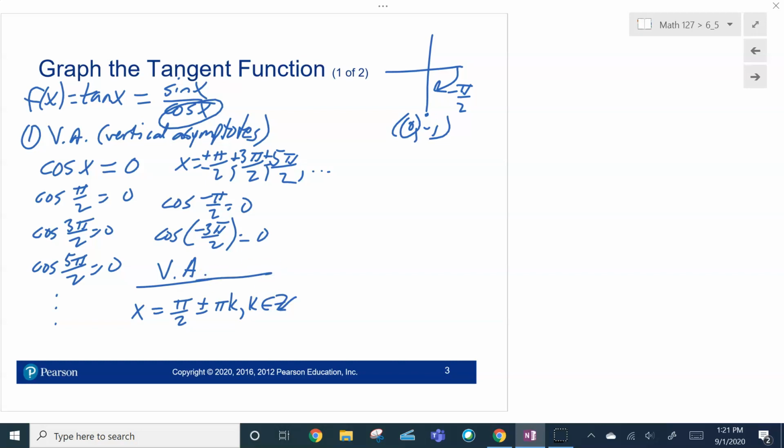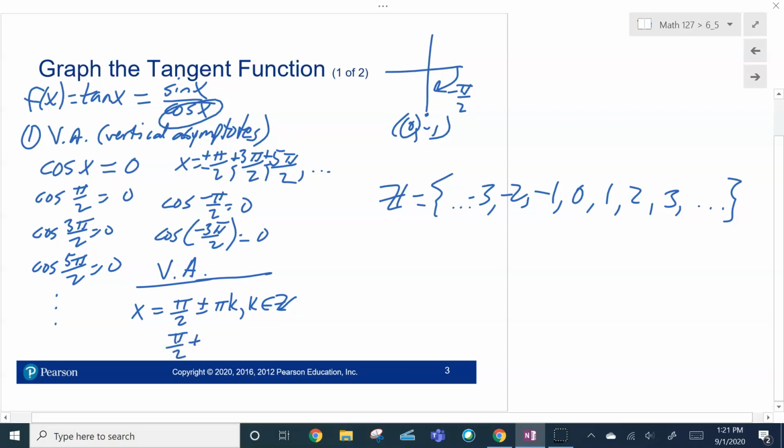For example, here are our integers: the counting numbers, as well as zero, as well as the negatives. So if we let k be zero, according to this we just have pi halves.